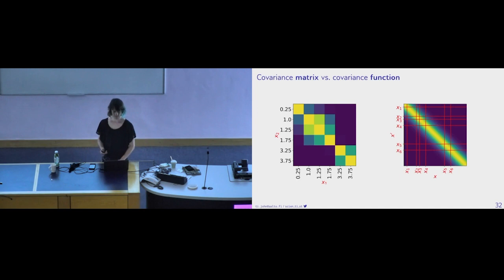That's how the covariance matrix of 5 functional evaluations fits in with the covariance function that describes the distribution over functions as a whole. And we can go back by just choosing a subset of indices, x1 to x6, and evaluating the covariance function at those points, and that gives us the finite dimensional covariance matrix back. Okay. Hopefully that was useful.